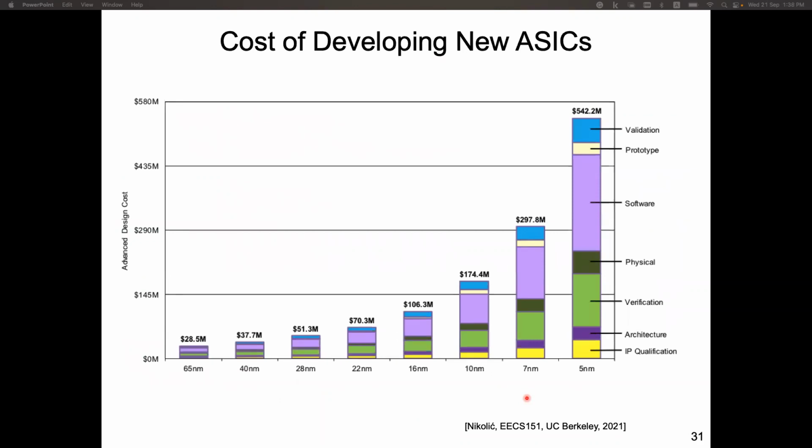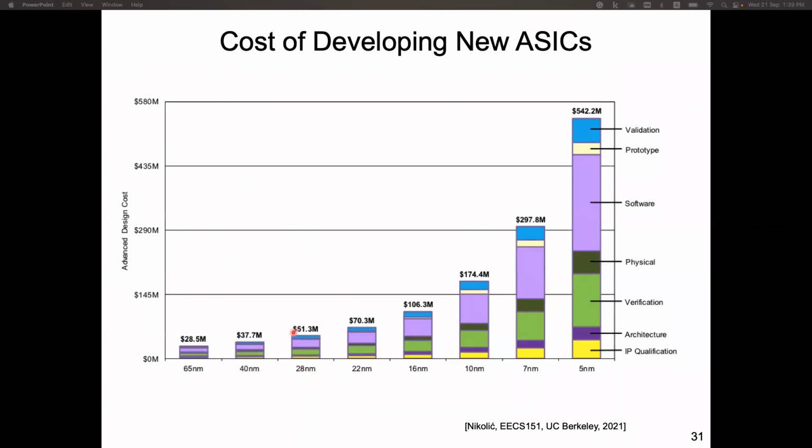Now, this chart shows the trend of the design cost for new generations of ASICs. It's the cost for 65 nanometer. The design cost here can be around $30 million US for a typical design. It increases to 37 million for 40 nanometer.